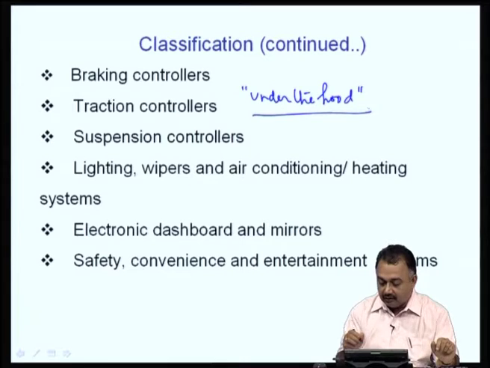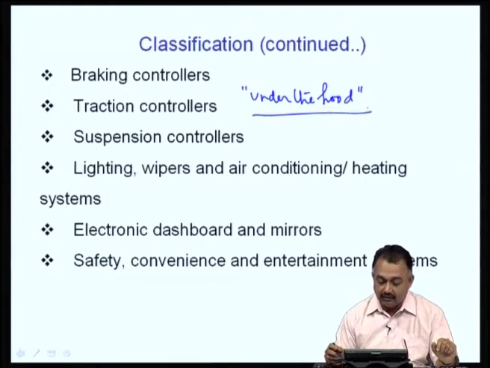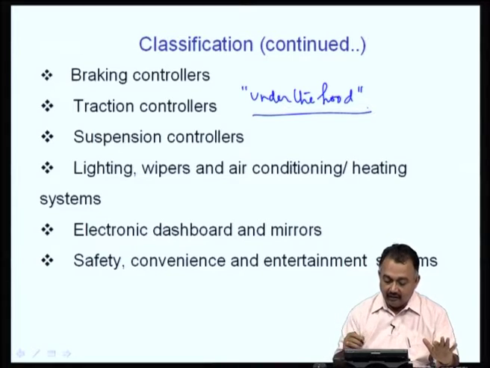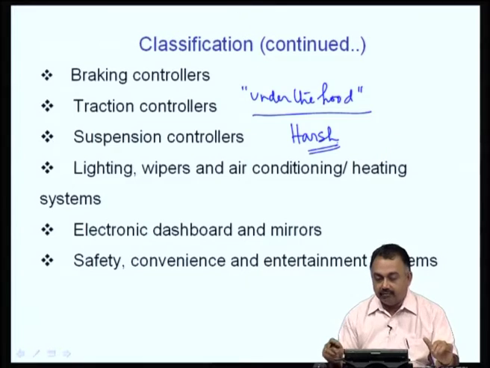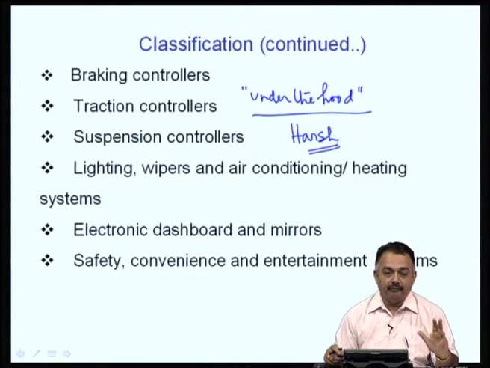Under the hood products, under the hood applications, because under the hood of the automobile the environment is very harsh. The temperatures are very high, and there can be an atmosphere which is corrosive in nature. Therefore, your electronic products need to be packaged and enclosed in such a way that they will not be affected by these environmental conditions.